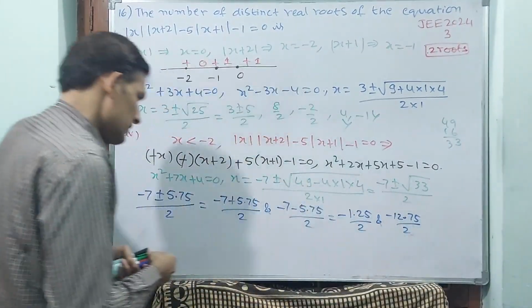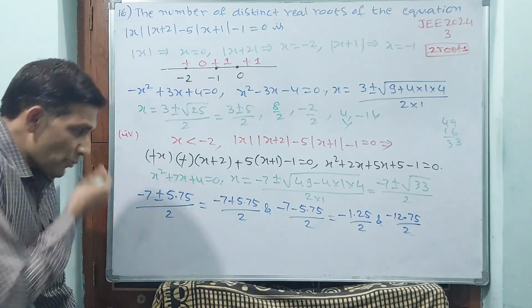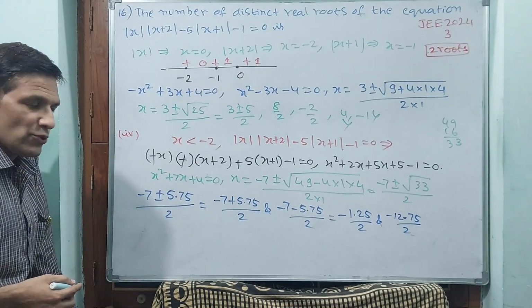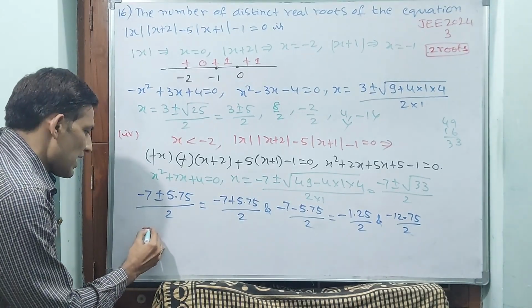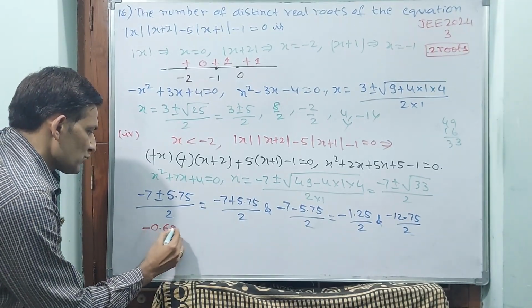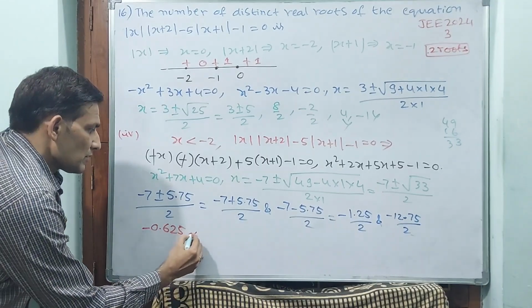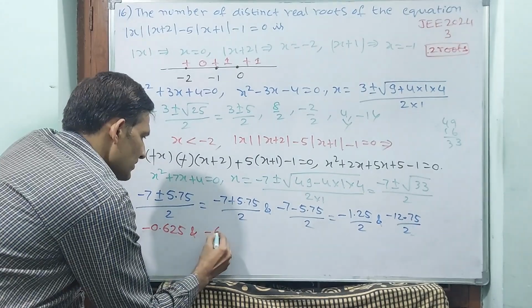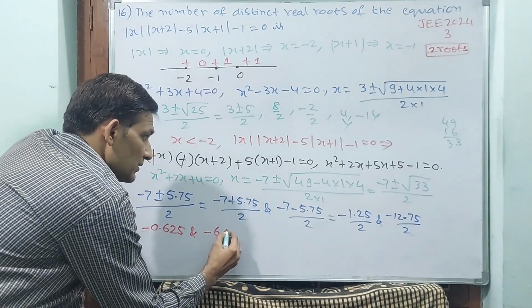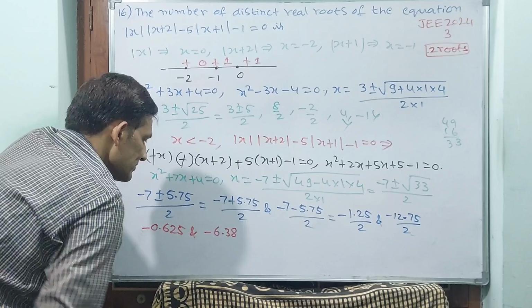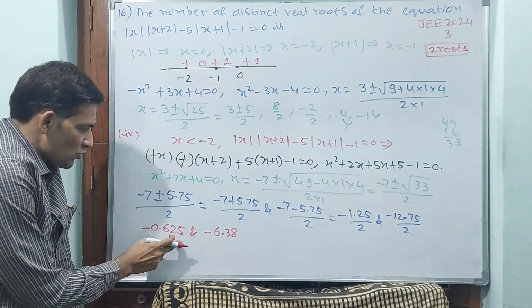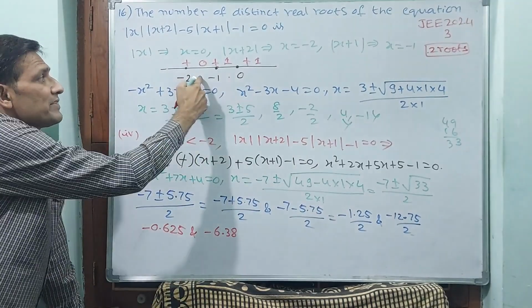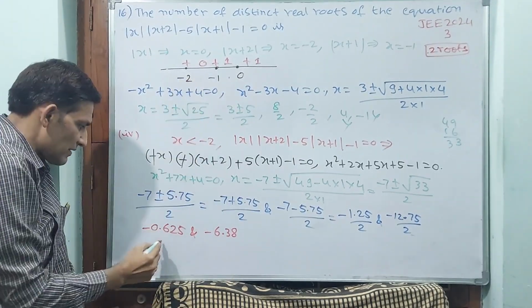Even if you divide, it is still 1.25 by 2, that is 0.625, so minus 0.625. And the other is minus 6.38. Now you tell me, minus 0.625 is going to come here, not in this area. That is why I am directly rejecting this value.